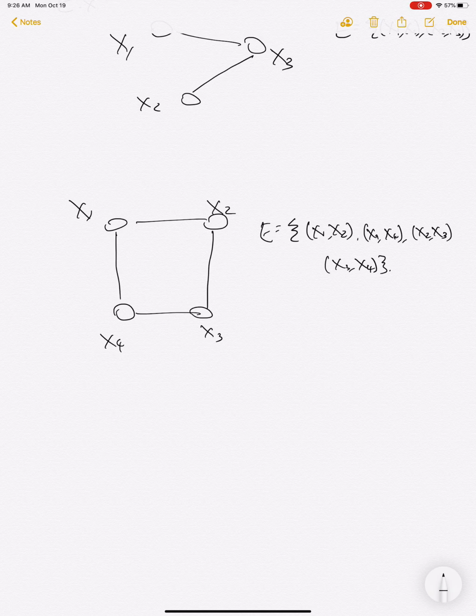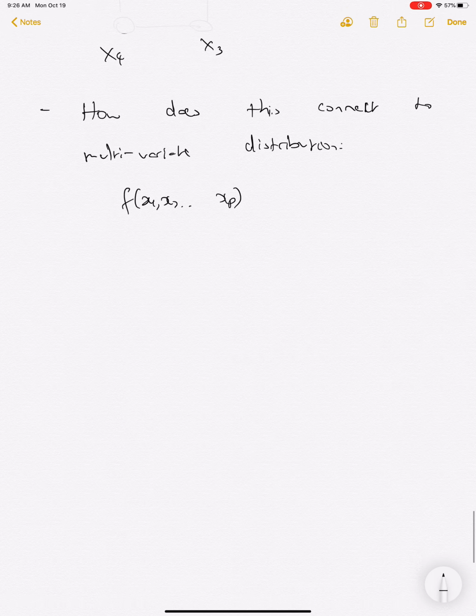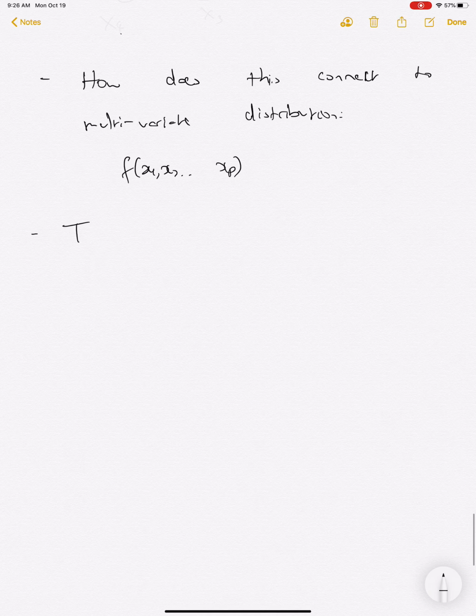And then the question is, how does this connect to multivariate distributions? The multivariate distribution is clearly f of x1, x2 up to xp. A lot of the ideas that we use from DAGs are going to be used here for undirected graphs, but we'll see that the conclusions are a little bit different.